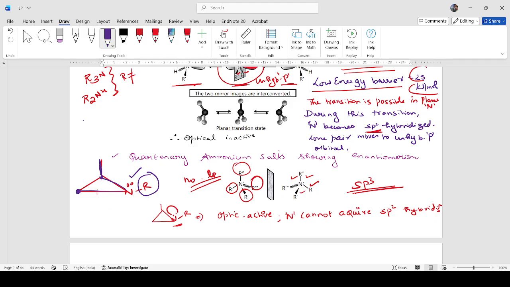So three different groups, one, two, three, and a lone pair. So totally four different things are there. So in that case, it can be optically active. What about here? Lone pair, this is also CH2, this is also CH2. So in this case, even though the nitrogen is part of the ring, it can't be optically active.